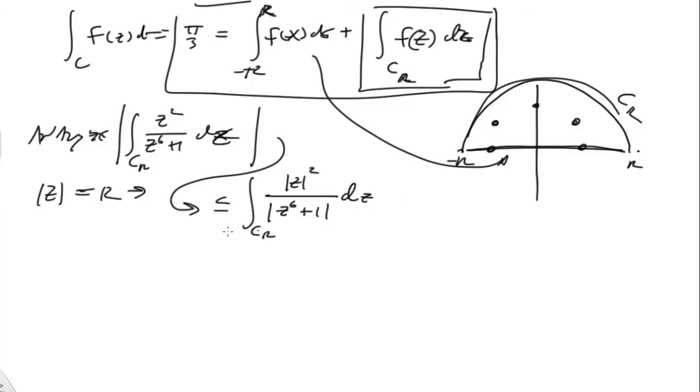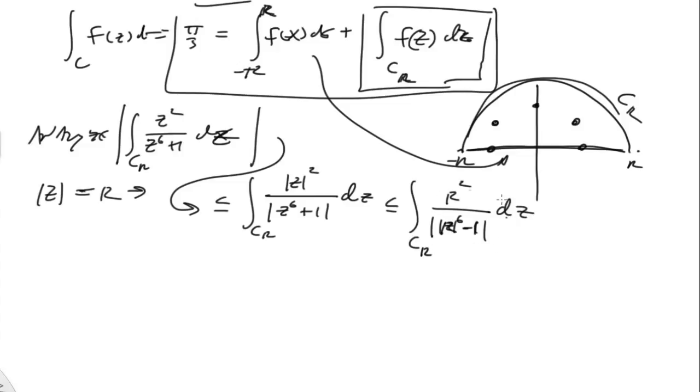I can bound this even further if I now use the triangle inequality. That'll be equal to r squared on top. Now if I do the triangle inequality, we have to use that lower bound on the bottom, like this. And of course that's also r down there, r to the 6th.